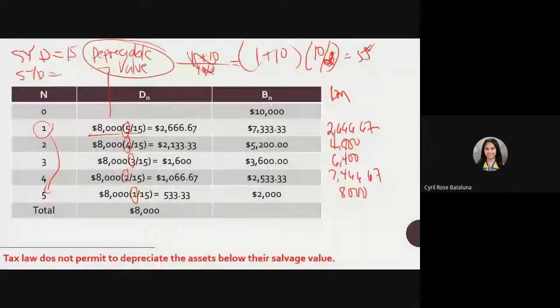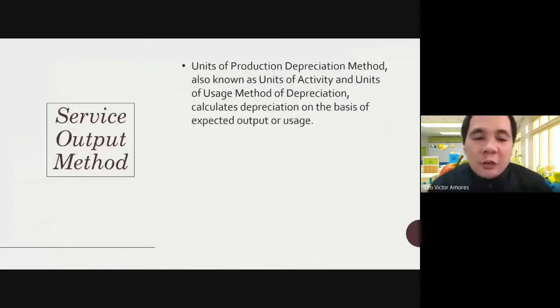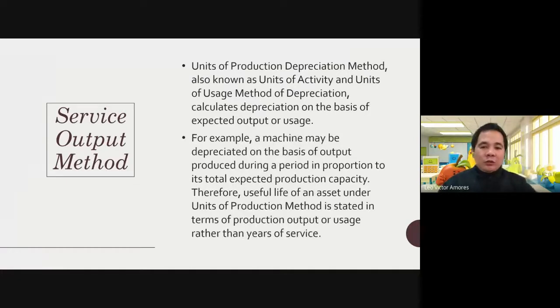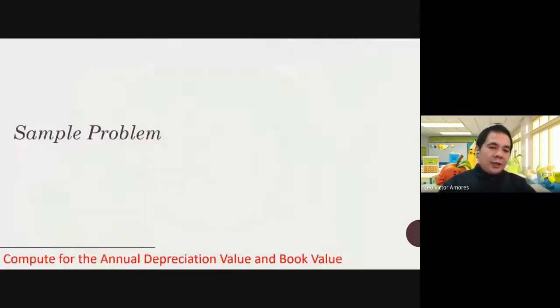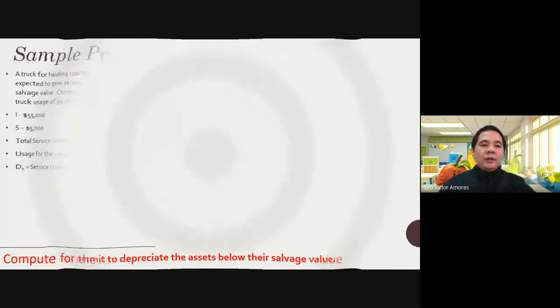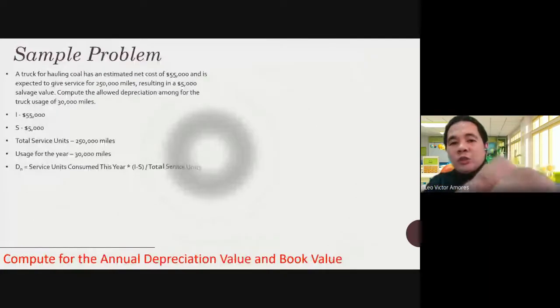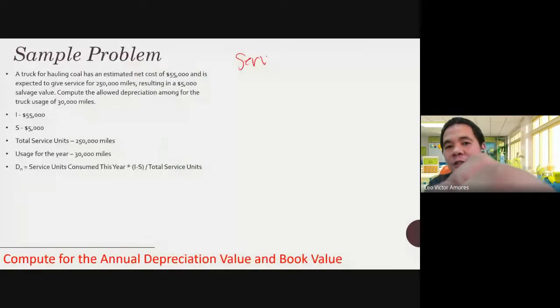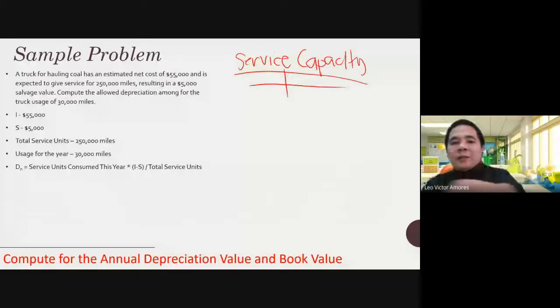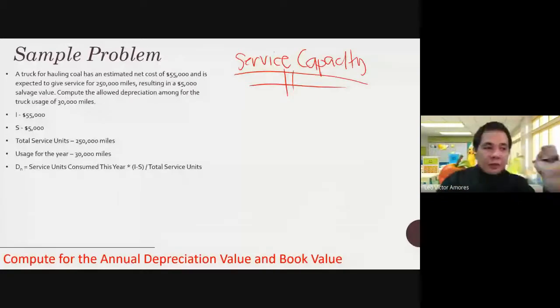Wala ra, sir. So, I'll proceed with the SOM or the service output method. So, what happens when you have a service output method? No? Usually, when you are trying to purchase an equipment, ang ihatag niya nimo is what you call your service capacity. Kanang service capacity that refers to, sir, palitan ni siya nga machine.